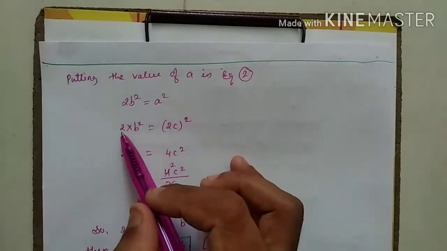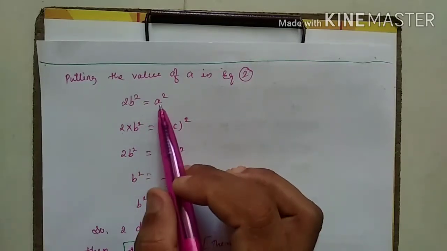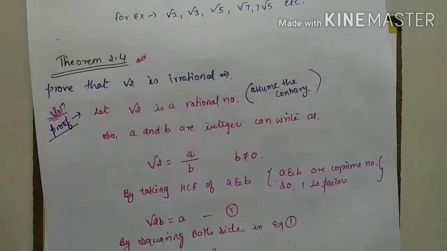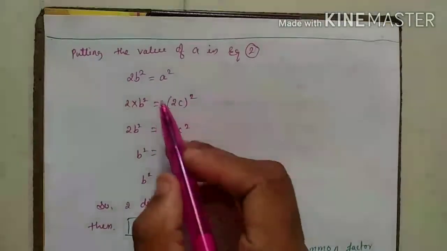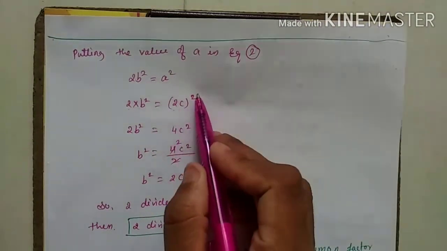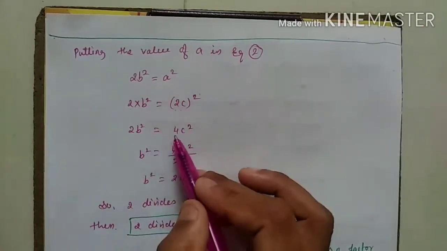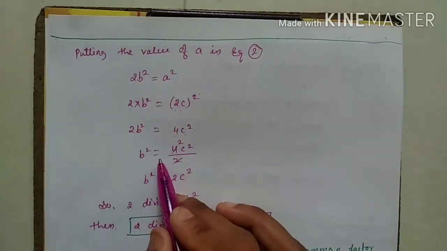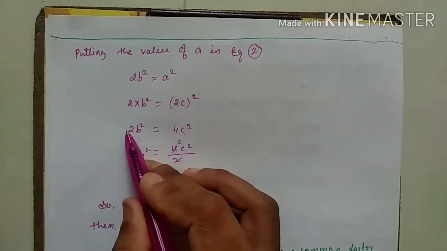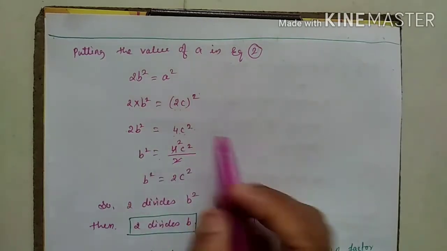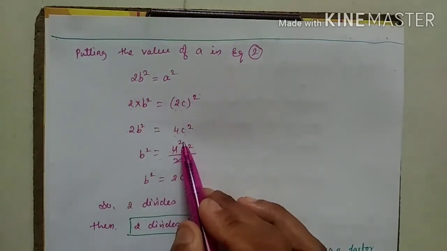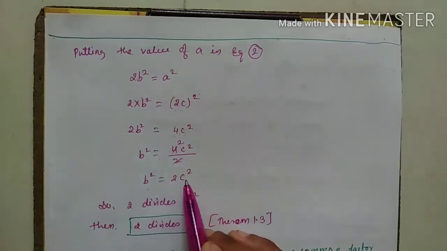In that, we are assuming a equals 2c. So we can write a square equals 2c whole square. So 2b square equals 4c square. B square equals 4c square upon 2; this 2 multiplying goes to that side as division. Correct? 2 ones are 2, 2 twos are 4. So b square equals 2c square.